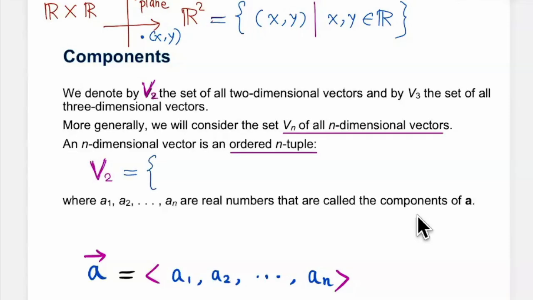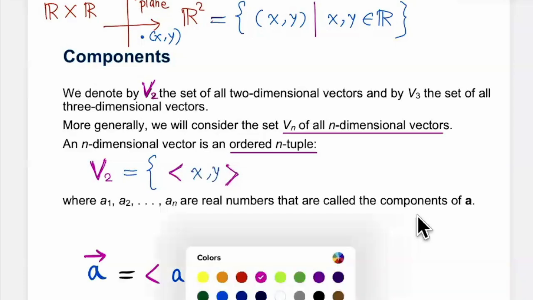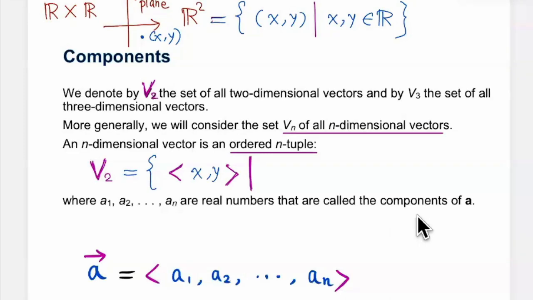So the elements here will be vectors. Instead of using parentheses, I'm going to use angle brackets, and then I will put x comma y, such that x and y are real numbers. Same thing.